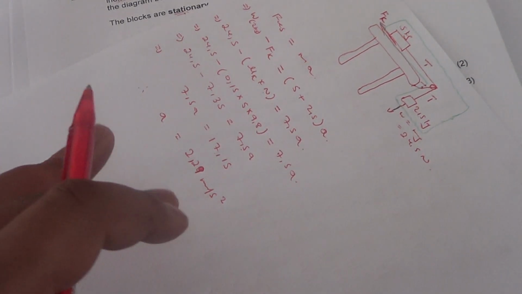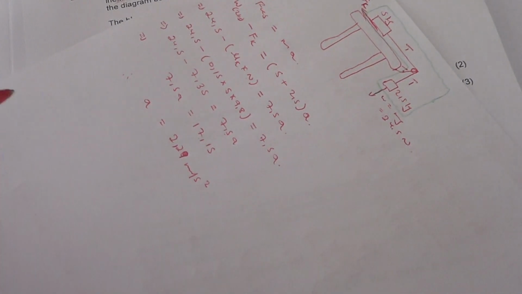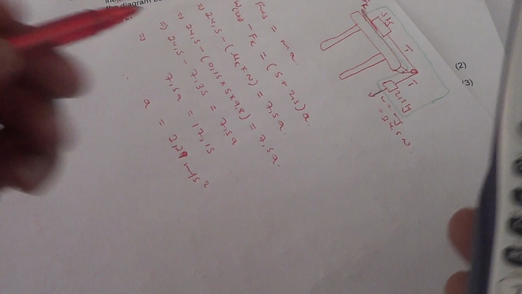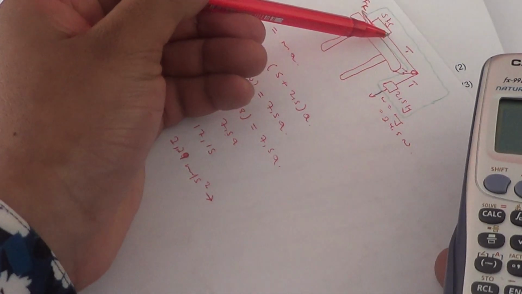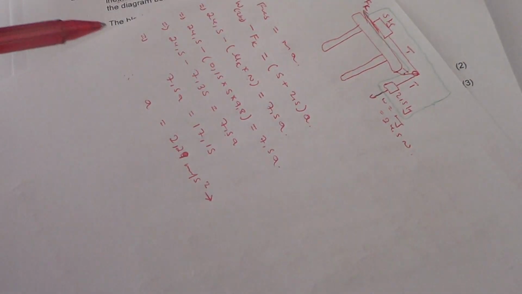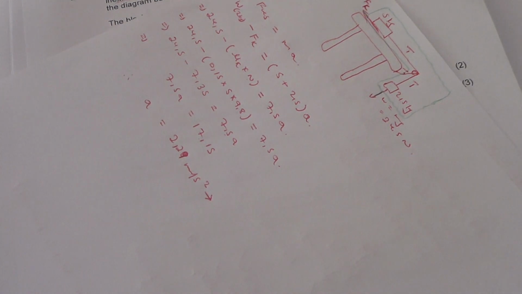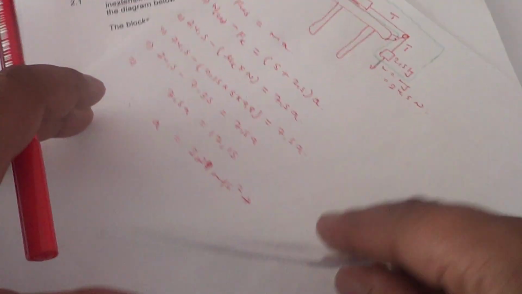Remember, acceleration is meters per second squared. But now they said for the 5 kg block, so it's going to be to the right because it will accelerate in that direction. Or you can say eastwards, or you can just use the arrow, which I prefer a whole lot than the words that are too many.